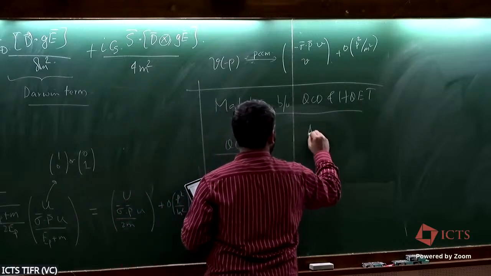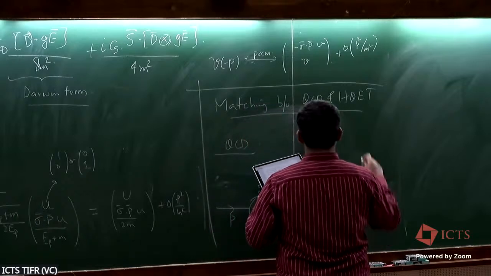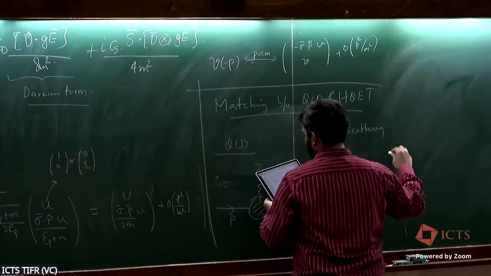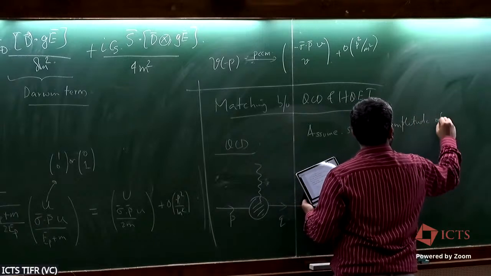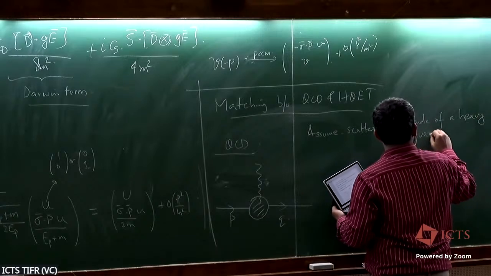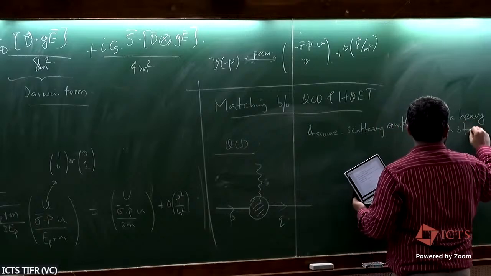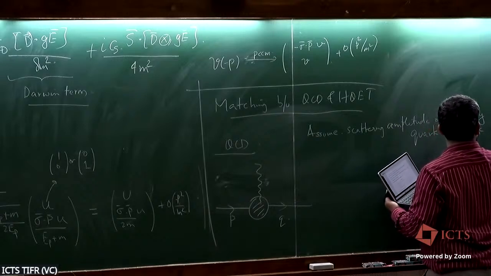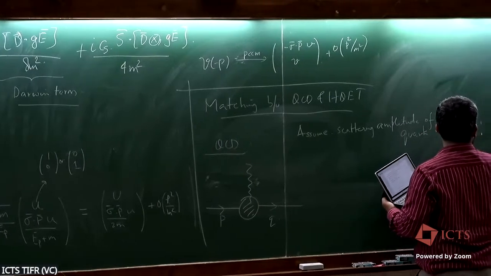So assume we are computing the scattering amplitude of a heavy quark in a static external potential, in a potential A0.